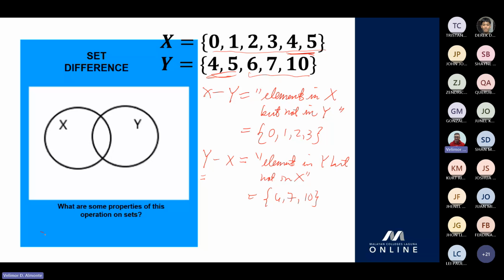Obviously, in this example, you can say x minus y is not equal to y minus x. In general, x minus y is not equal to y minus x. Special case: give me the condition. X minus y may be equal to y minus x. Go ahead.